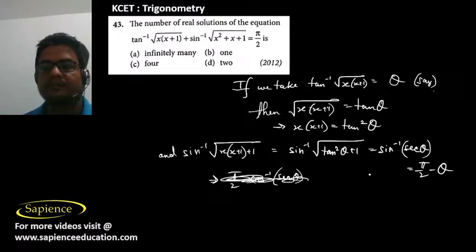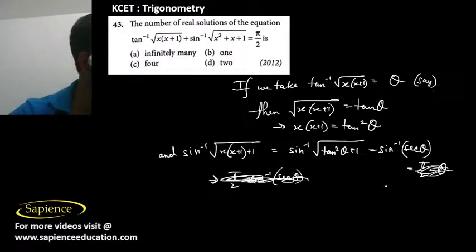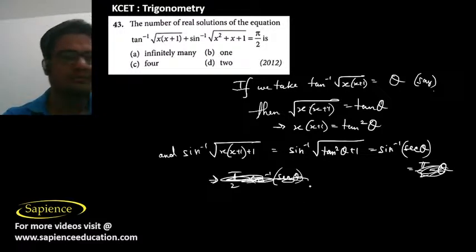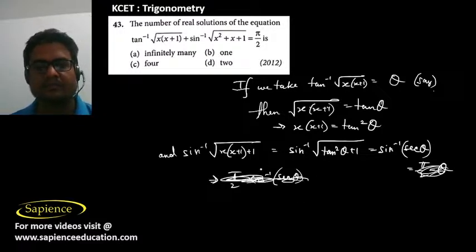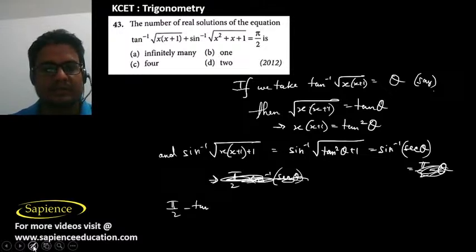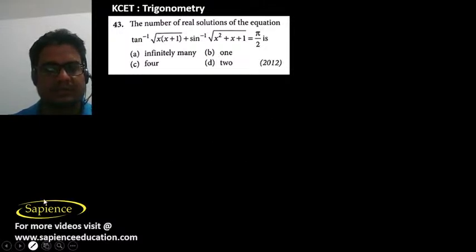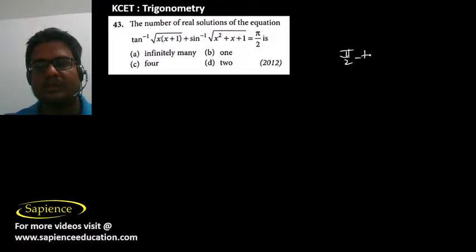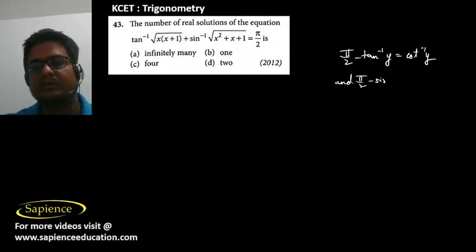So pi by 2 minus tan inverse y is equal to cot inverse y, and pi by 2 minus sin inverse y is equal to cos inverse y.